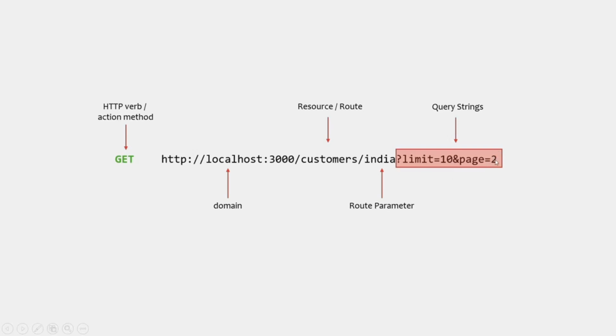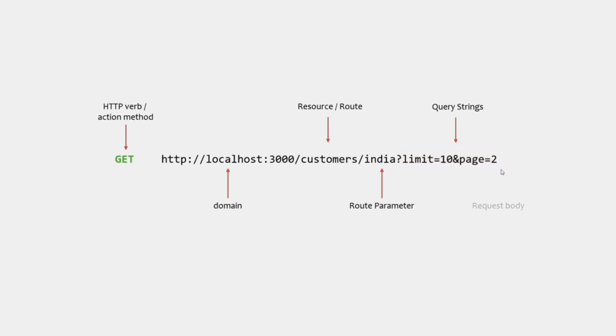If the page is 1 here, then the API will select the customers from 1 to 10 and then send those customers in the response. But here page is 2, so the API is going to select customers from 11 to 20 and send those customers in the response. So here using the query string, we are sending some extra information to the server for processing this request.